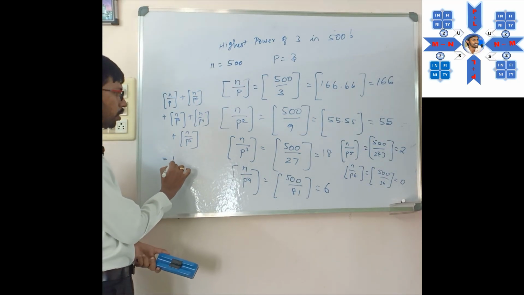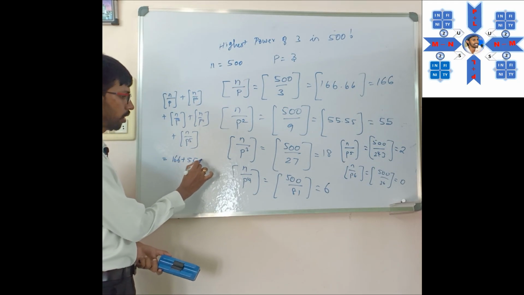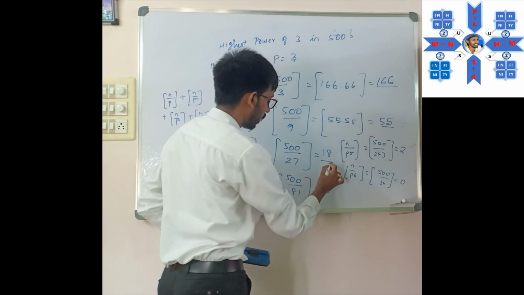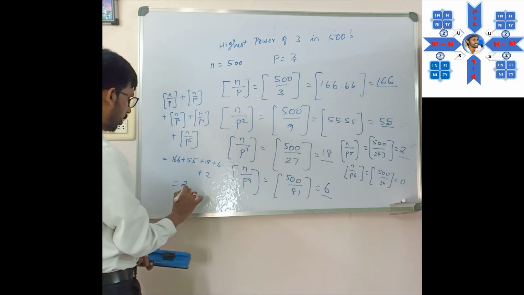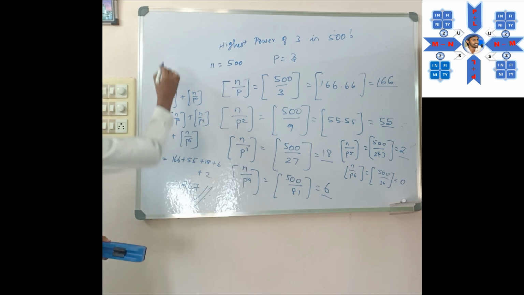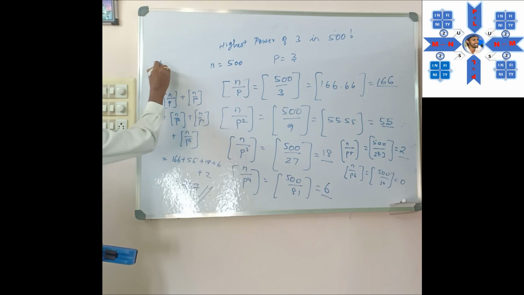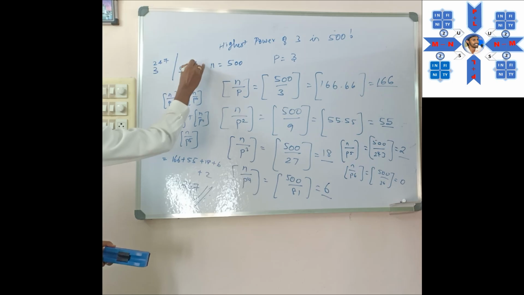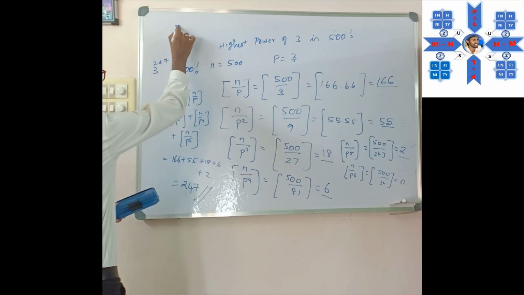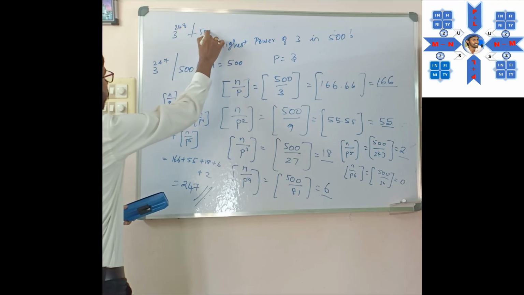So that will be nothing but 166 plus 55 plus 18 plus 6 plus 2, which is 247. So 3 power 247 divides 500 factorial, whereas 3 power 248 will not divide 500 factorial.